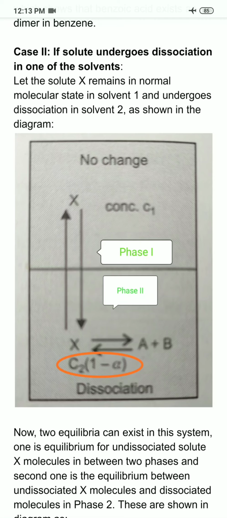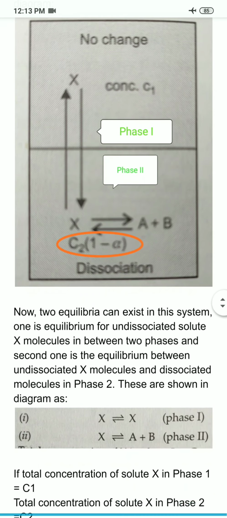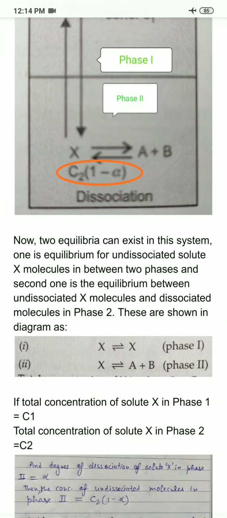If the solute undergoes dissociation in one of the solvents, then let us say we have a solute X which remains in normal molecular state in solvent 1 and undergoes dissociation in solvent 2, which I showed you in the diagram. Now two equilibria can exist in this system. One is the equilibrium for undissociated solute X molecules between the two phases, and the second one is the equilibrium between undissociated X molecules and dissociated molecules in phase 2, as shown in this screenshot.